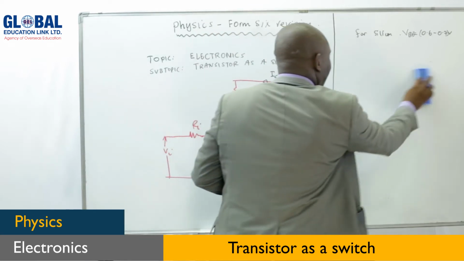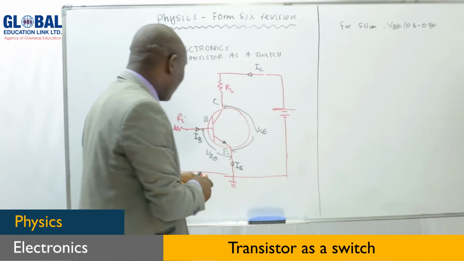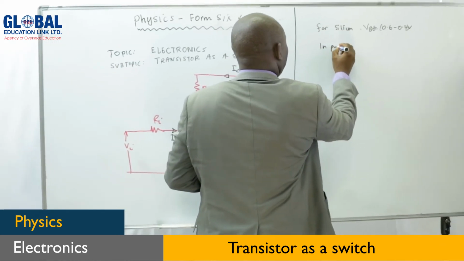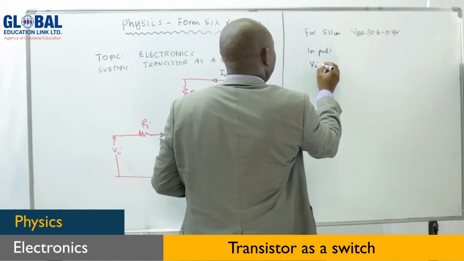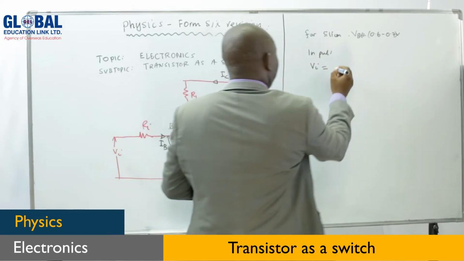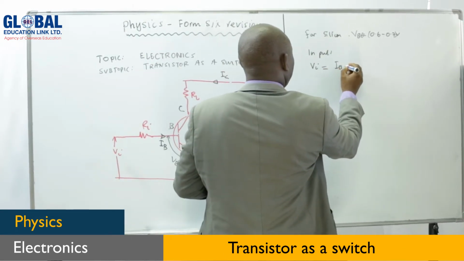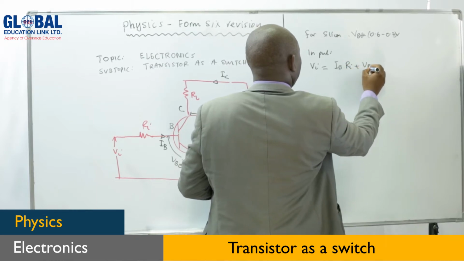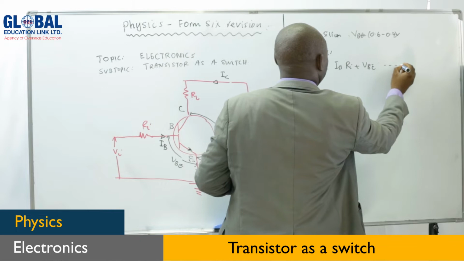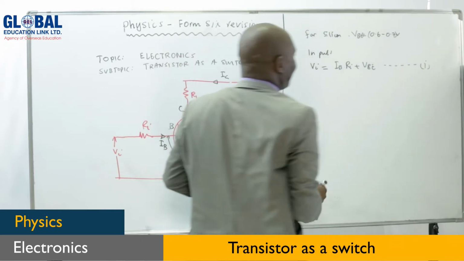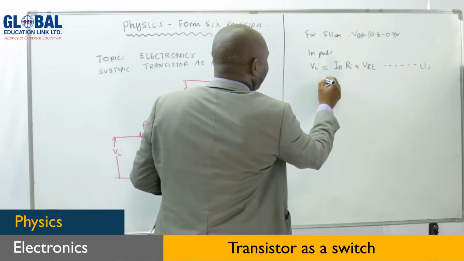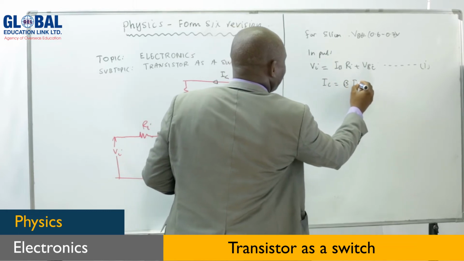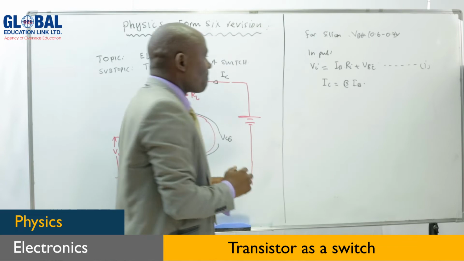So even for a transistor, for the input circuit, the input voltage is given by VI equals IB times R input plus VBE. That is equation 1. And remember that the collector current is given by this times beta.